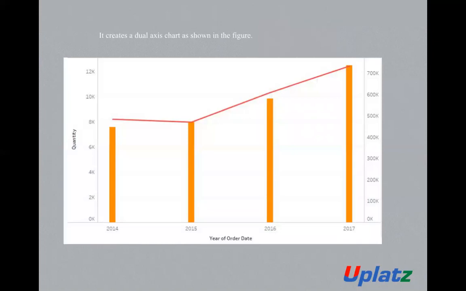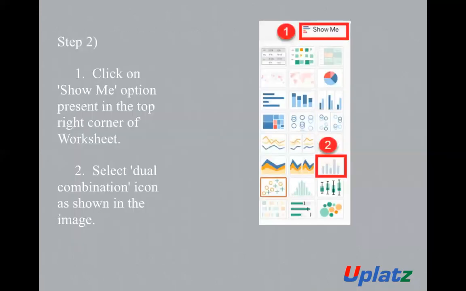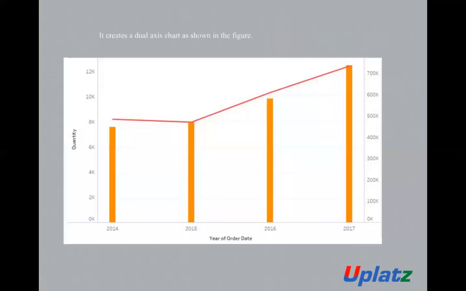This is how a dual axis chart looks, where one would be your bar and the other would be your line chart. You can synchronize the axes, making them go hand in hand. So this is basically your profit, quantity and sales along with the year of order date, where your quantity would be in orange color as a bar, and your other measure would be your line graph.